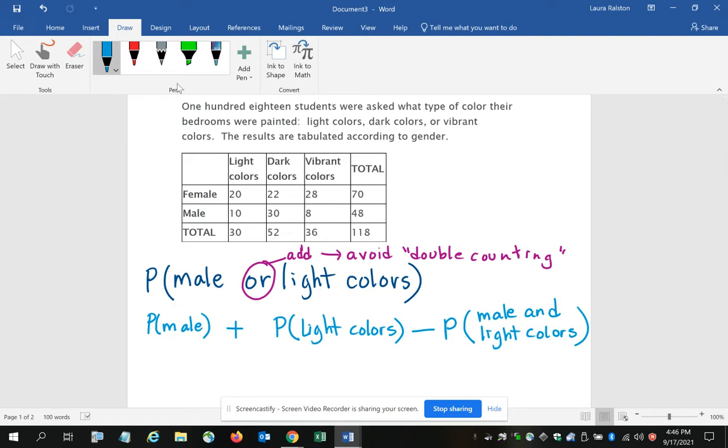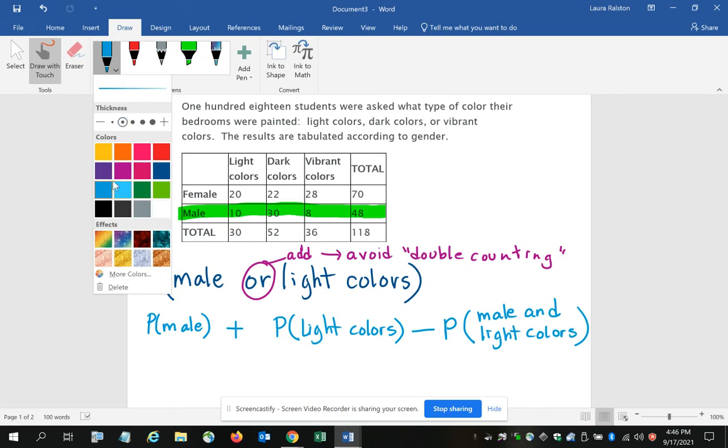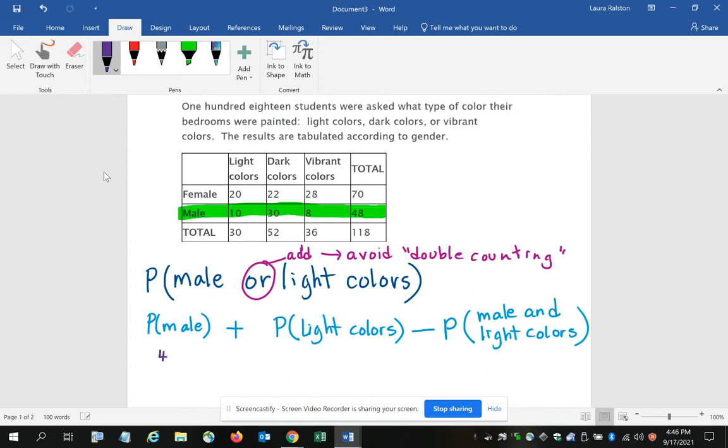So if we look at the table, and we focus on male, so I'm highlighting the male, there were a total of 48 males out of the 118 students.